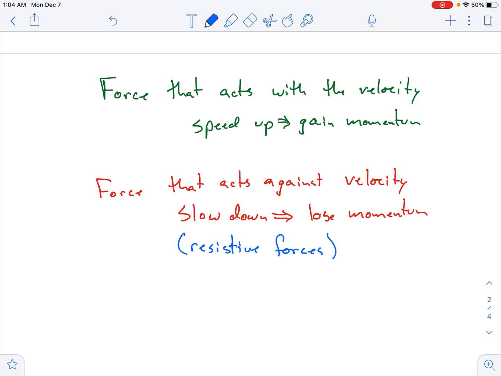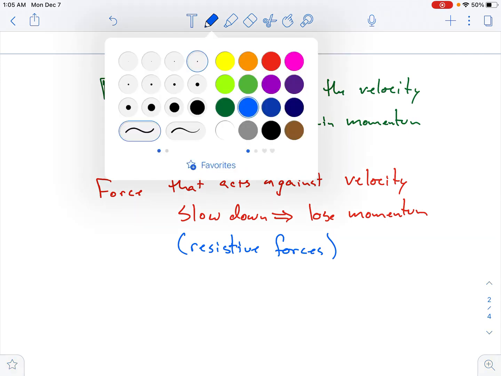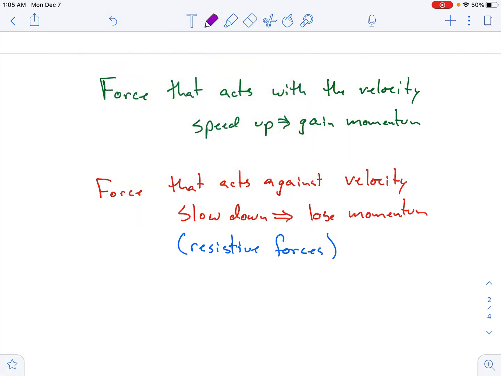Now, going back to that whole impulse momentum theorem, we know that impulse is equal to change in momentum. Well, impulse is also equal to force times time. Change in momentum is also equal to PF minus PI.